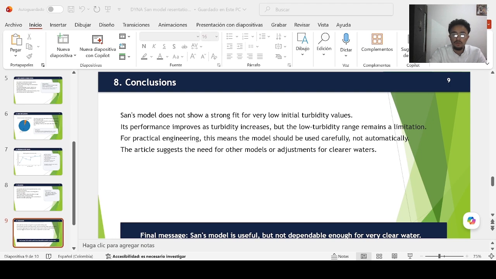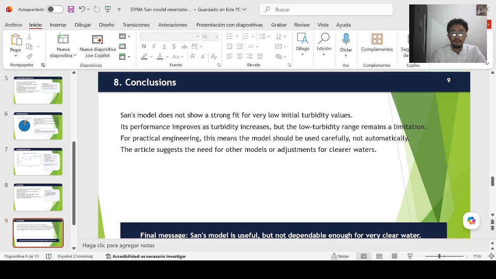This means the model should be used carefully, not automatically. And the authors suggest that the model or adjustments should be tested for this condition, especially if the plant works regularly with very clear water.